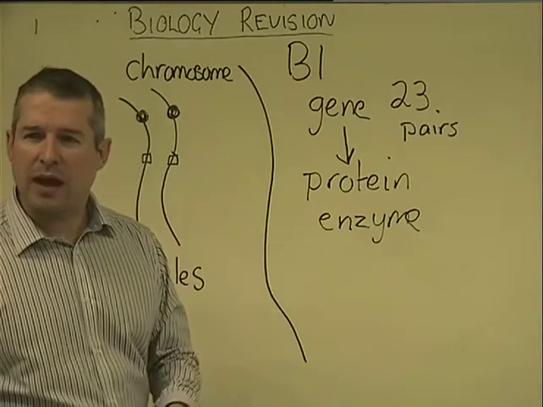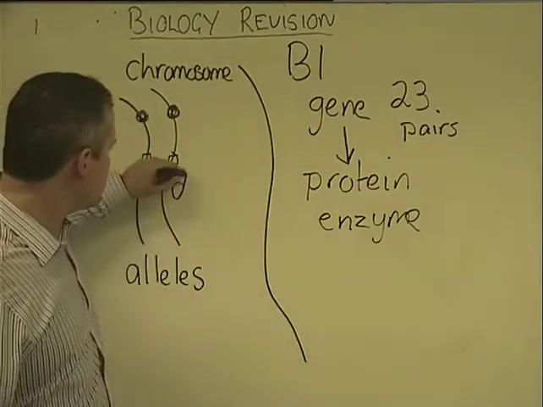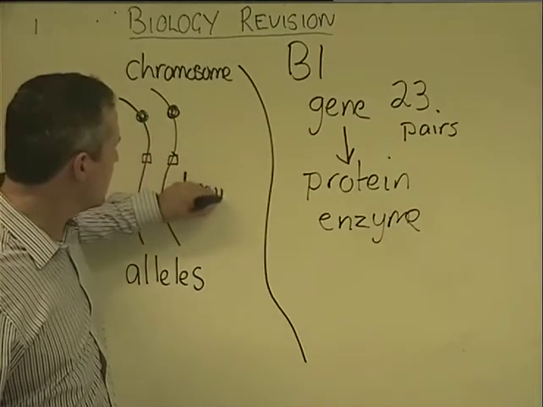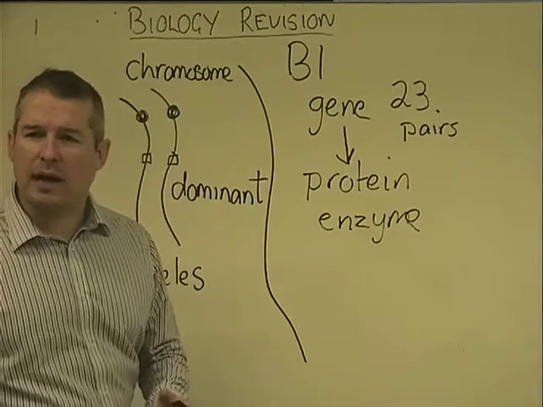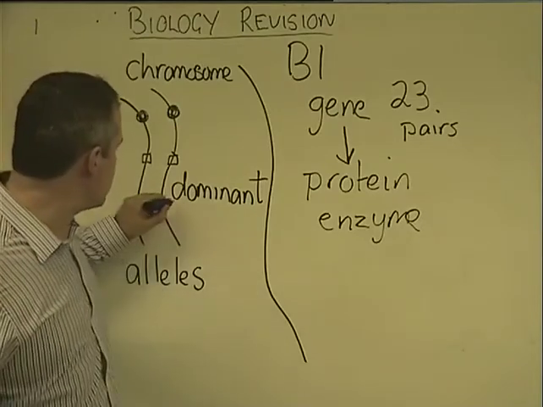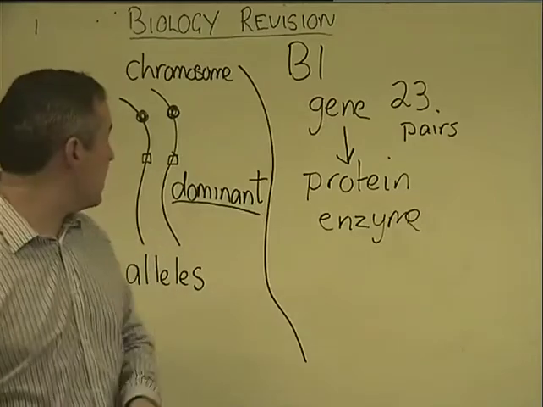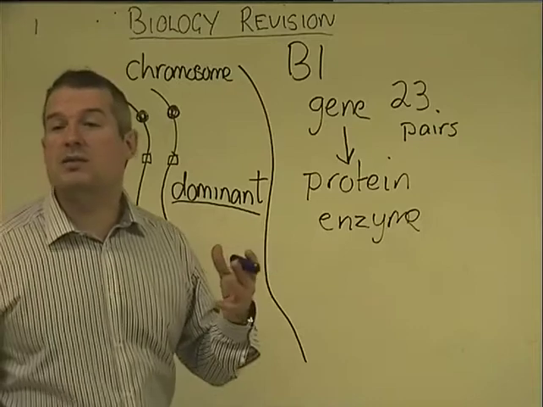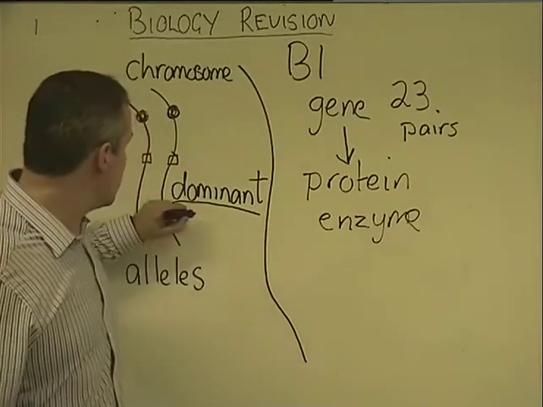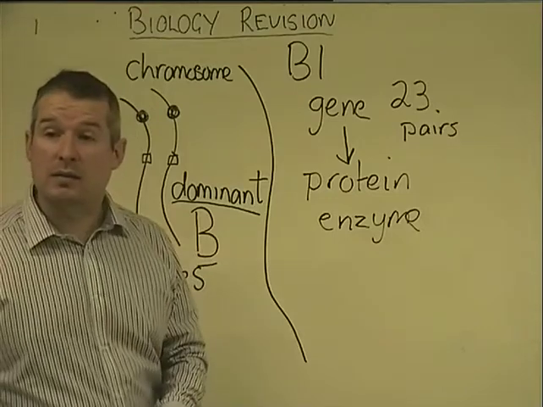Okay? Now an allele can be one of 2 types. It can either be classified as a dominant allele. If it's a dominant allele, what it means is every single time this allele is present, it will always show itself. Now in genetics, we represent that with a capital letter. The letter doesn't matter, we can use any letter we want, okay? So for instance, a large B would represent a dominant allele, okay?